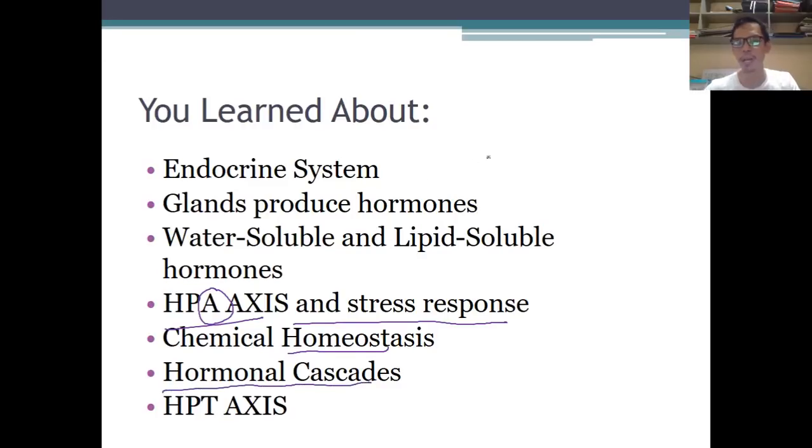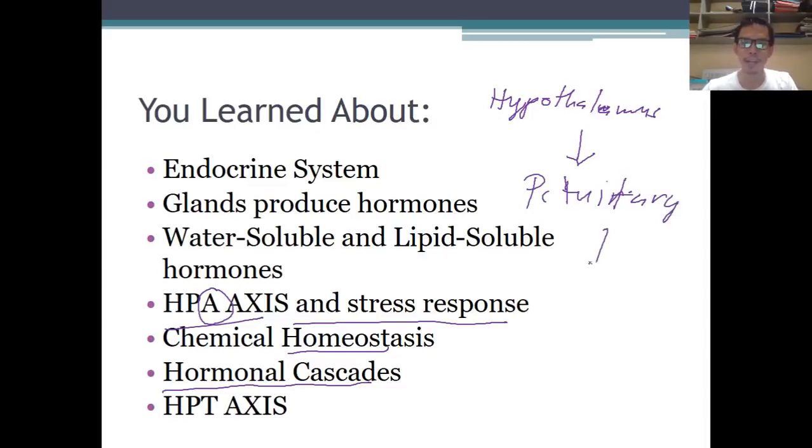Next one, hormonal cascade. We talked about how the hypothalamus secretes something that triggers other organs like the pituitary and other organs in the endocrine system.